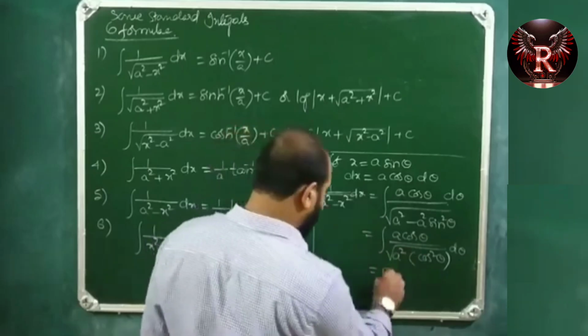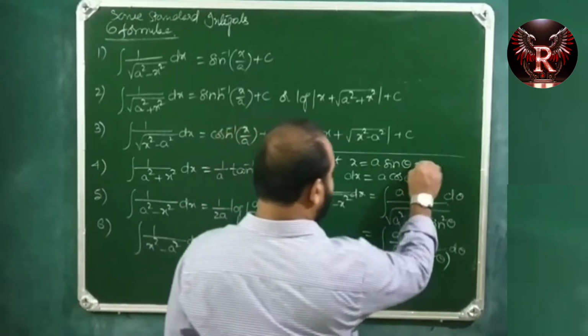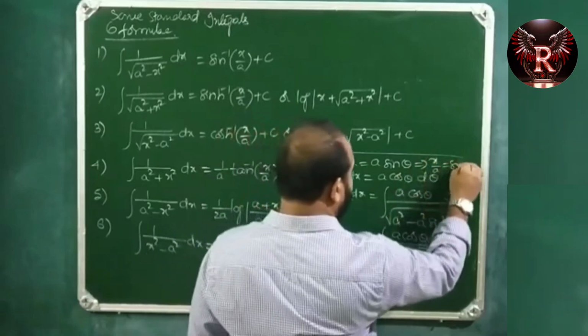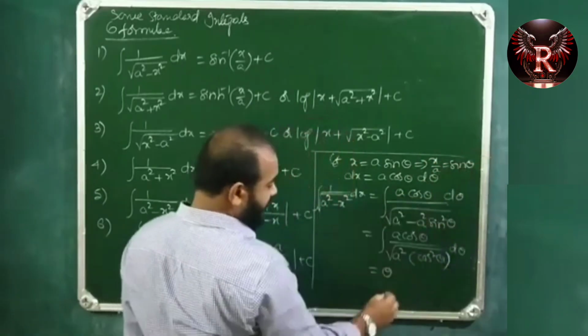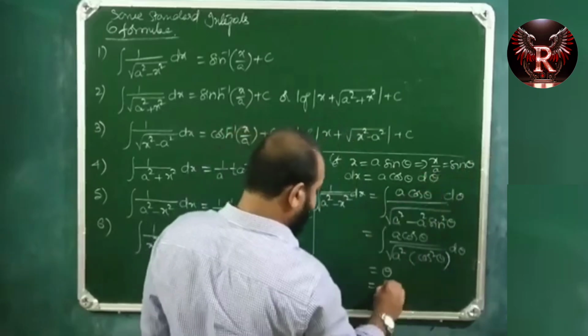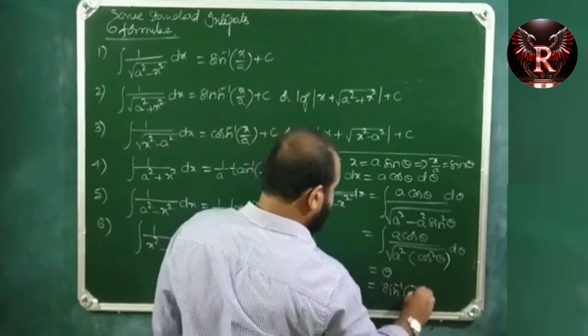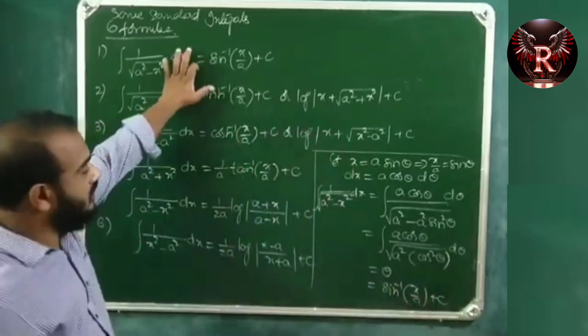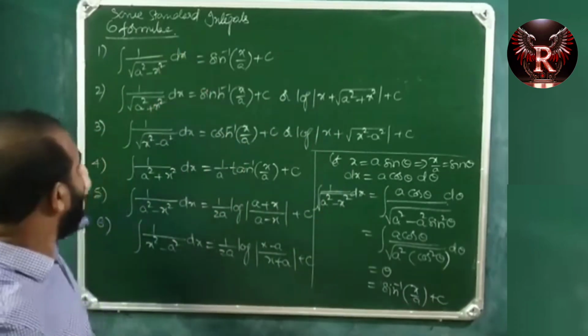Integral 1 d theta is theta. From x by a is equal to sin theta, theta is equal to sin inverse x by a. So sin inverse x by a plus c. So this is what we needed to prove.